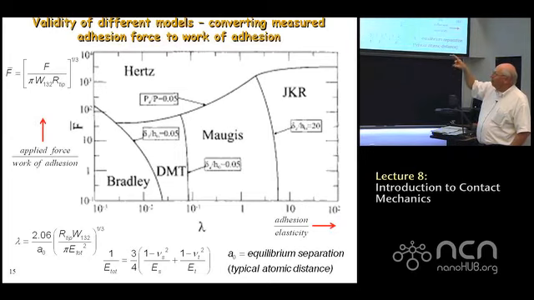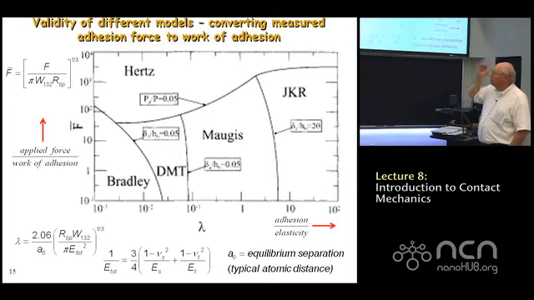Along the y-axis, we're basically plotting a normalized parameter that's roughly equivalent to the ratio of applied force, F, divided by the work of adhesion, W, okay? Now, things are scaled by the tip radius, as you can see, but if you have a constant tip radius, that's probably the easiest way to think about this diagram.